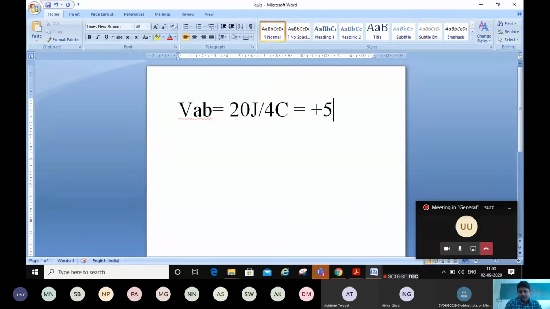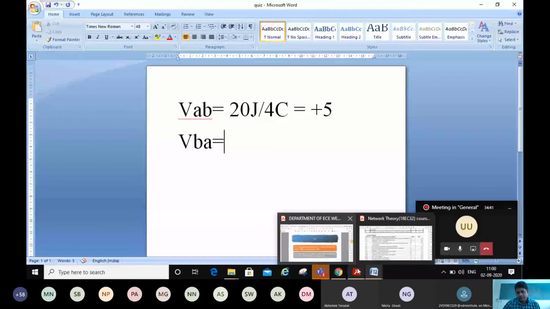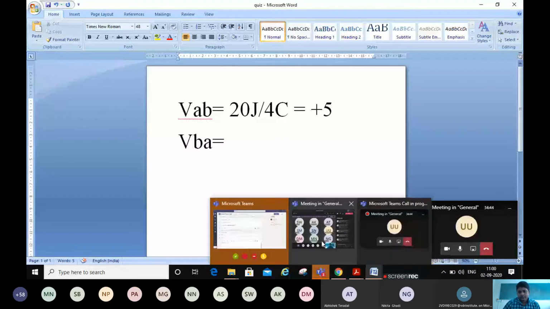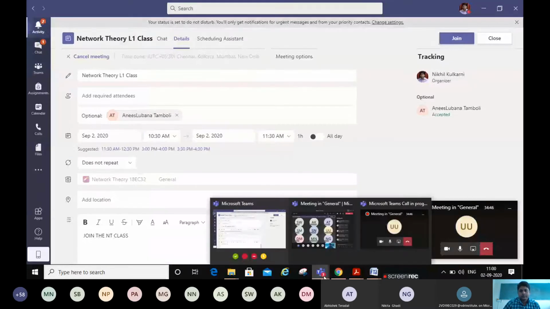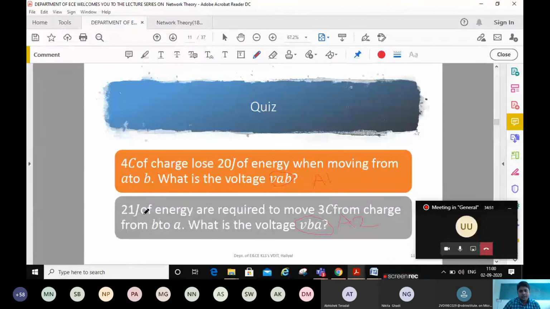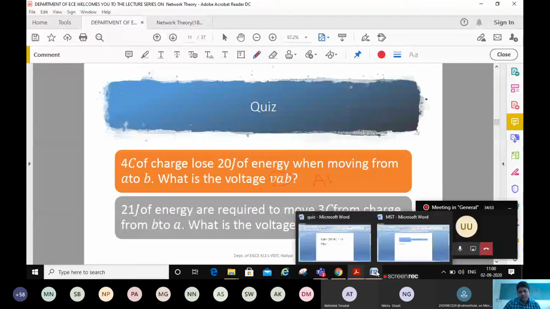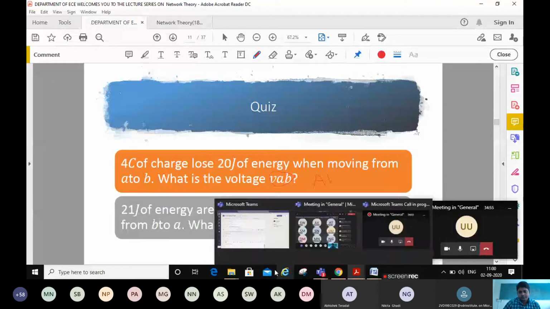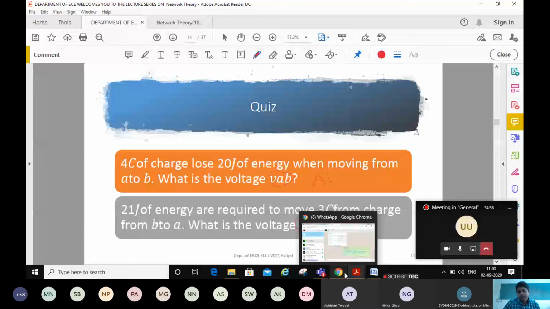So this answer will be how much? +5. But what about this one, VBA? VBA is in the opposite direction, right? What are the values given? The value is 21 joules and 3 coulomb of charge. Here we are interested in voltage, right?